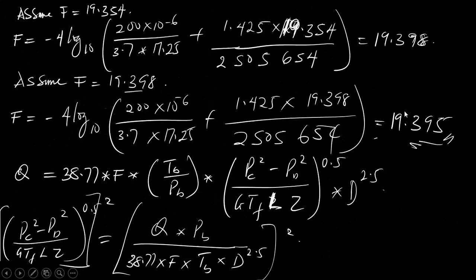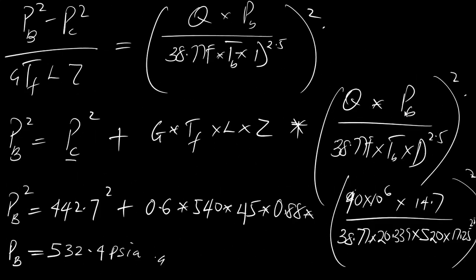So let's go back and draw the diagram. This is point A, this is our point B. We have the length to be 25 miles. We have the flow rate to be 150 million standard cubic feet per day.